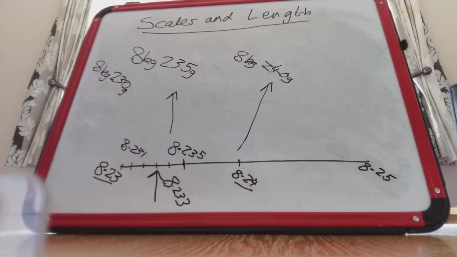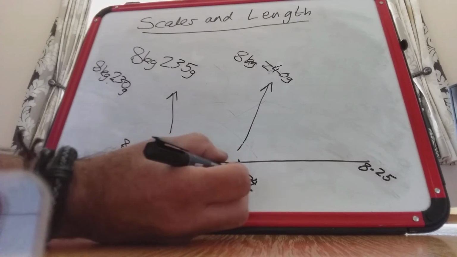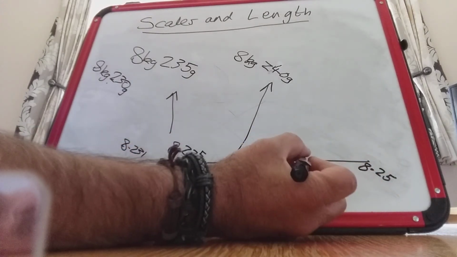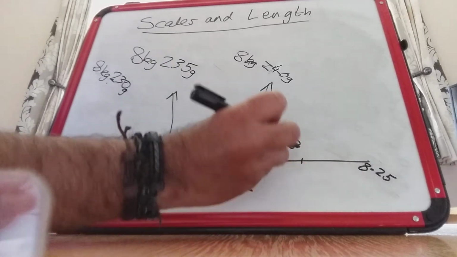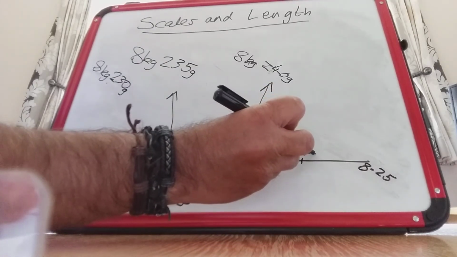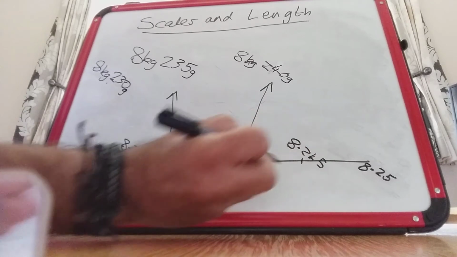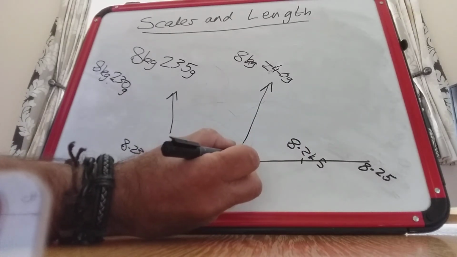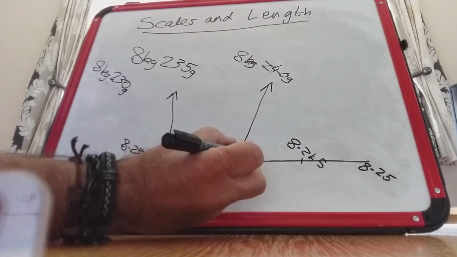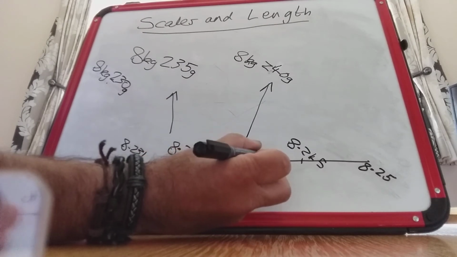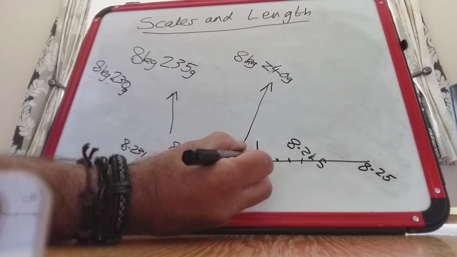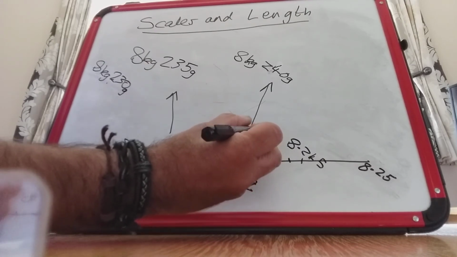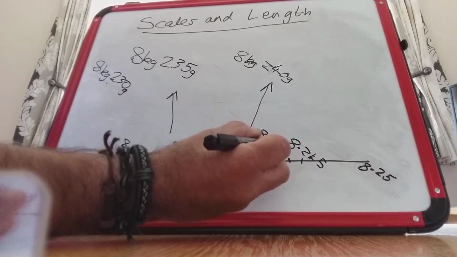And then if it says put an arrow on 8.242, we would know that this is 8.245, so therefore 8.242, 1, 2, 3, 4 would be just here, 8.242.